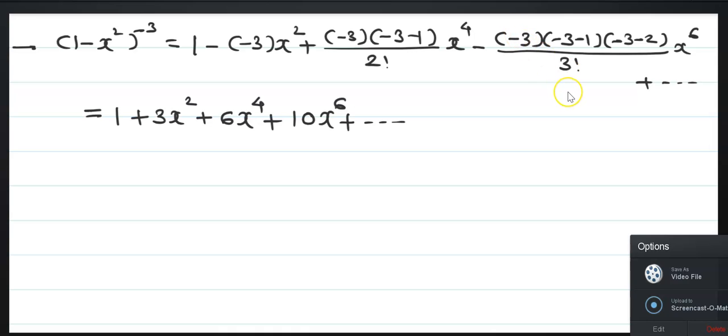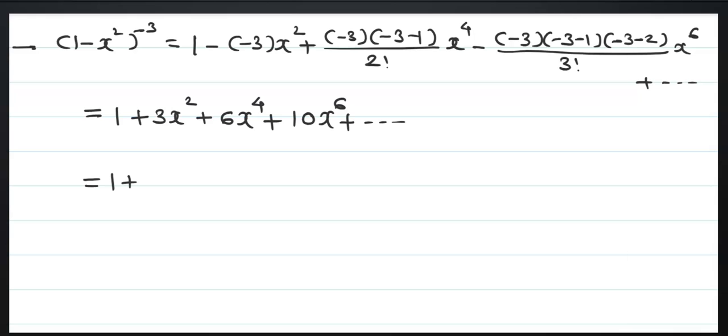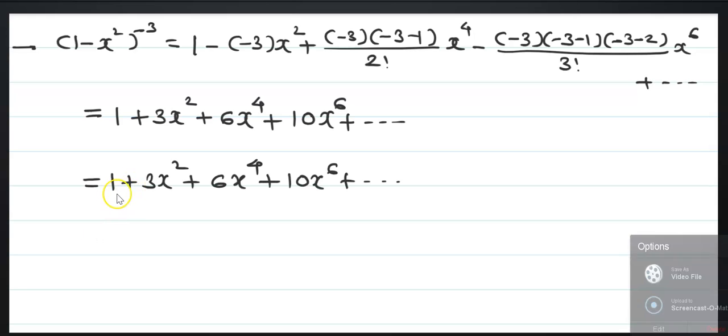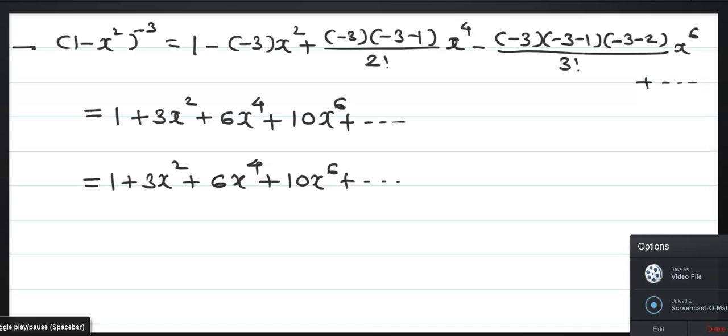Again these two terms will get cancelled. 3 will get cancelled, 1 2 will remain, and after the simplification you will get 10x raised to 6. Therefore the final answer is 1 plus 3x square plus 6x raised to 4 plus 10x raised to 6. You can perform these calculations on your own also.